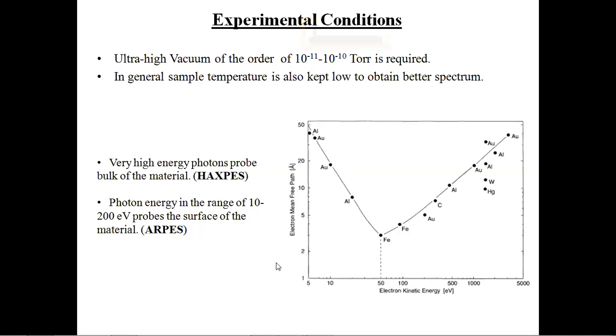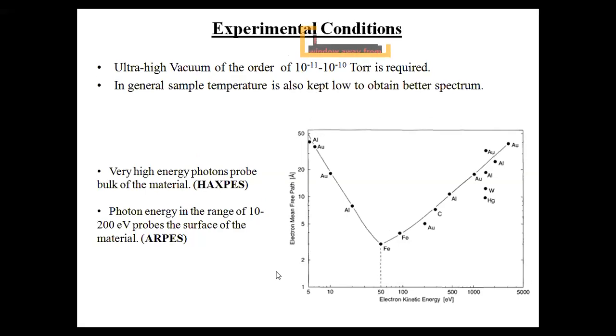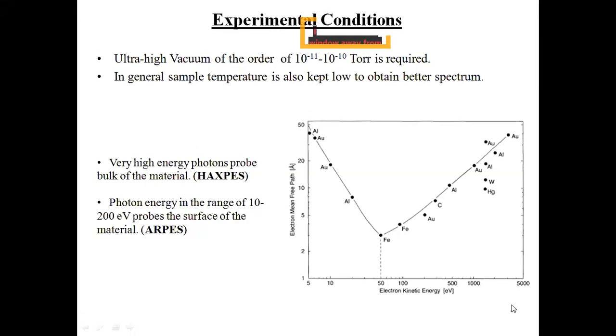Because of that, your sample has to be very clean, because if the surface has a layer of dirt on it, even a few layers, which means a few angstroms of thickness, the electrons won't be able to come out, because while traveling through this layer of dirt or impurity on the surface, they will get inelastically scattered.